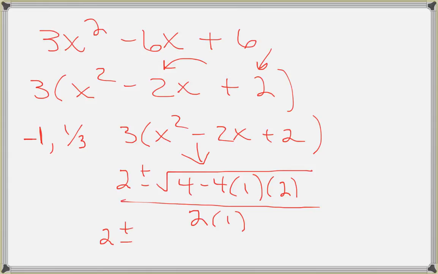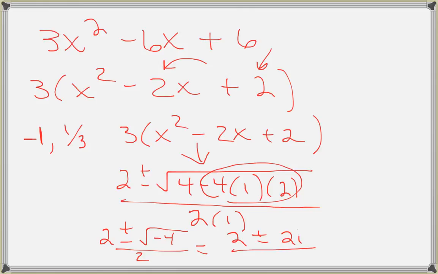So 2 plus or minus the square root of 4 minus 8, which is minus 4. So the square root of minus 4 is 2i. These all cancel. So we end up with 1 plus or minus i, which counts as 2 zeros. So we have 2 zeros here, a 0 here, and a 0 here. That's 4 zeros. Our function started out with a degree 4, so we know we found all of them.